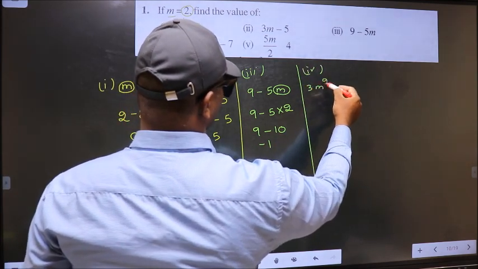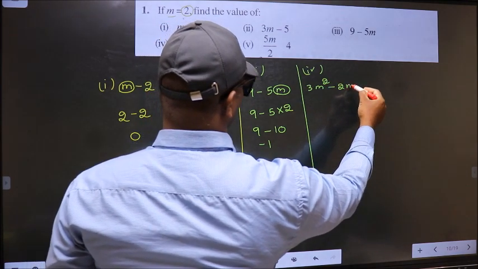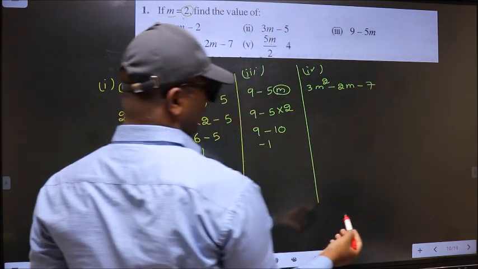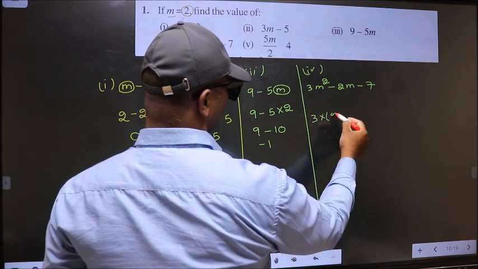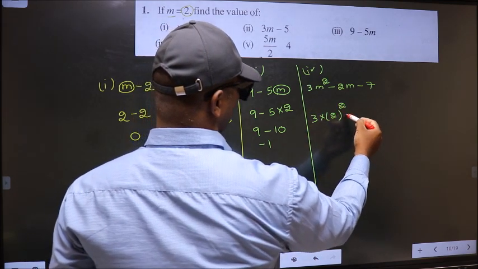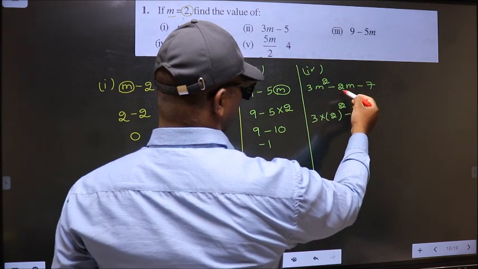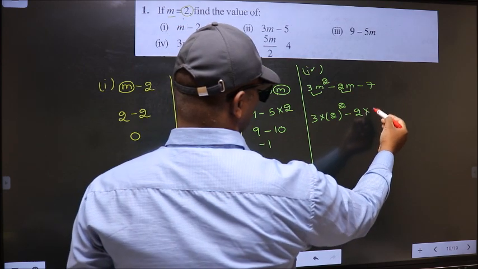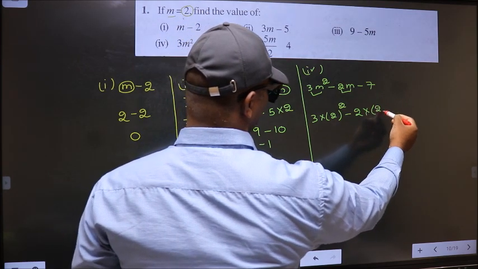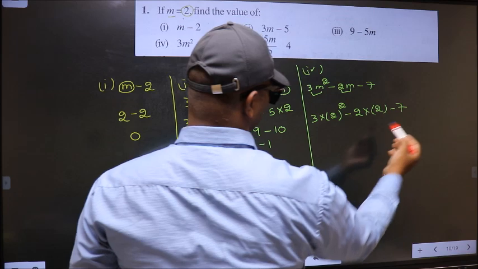3m square minus 2m minus 7. In place of m, now we should write 2. So 2 square minus 2. Here between these two, or these two, it is into. So 2 into, in place of m, 2 minus 7.